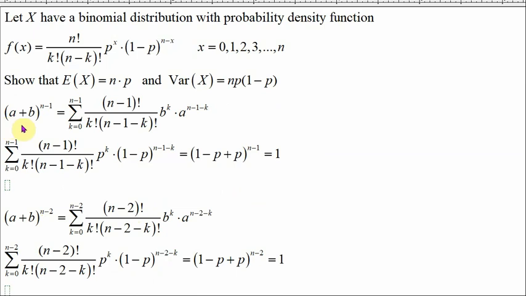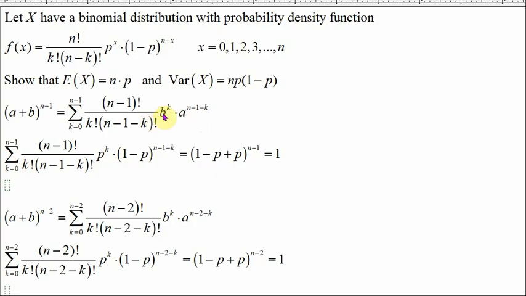And similarly, for a plus b to the n minus 1, there will be this sum right here. And therefore I have the sum where k runs from 0 to n minus 1 with this expression right here.